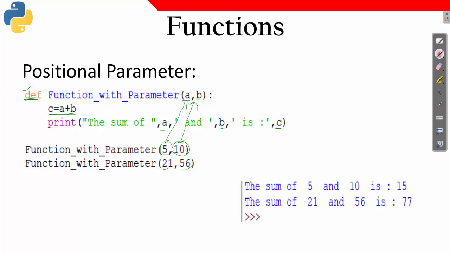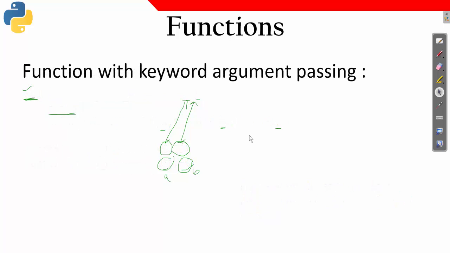Similarly, 21 becomes a and 56 is b. So the position, the order in which they appear, is important. That's why a and b are printed as 5 and 10. So the order is important here. This is how positional parameters work.